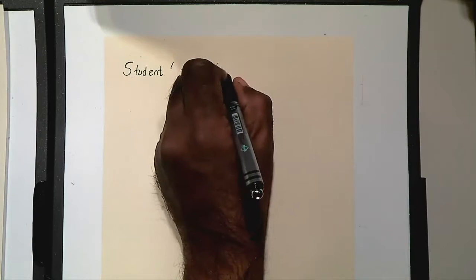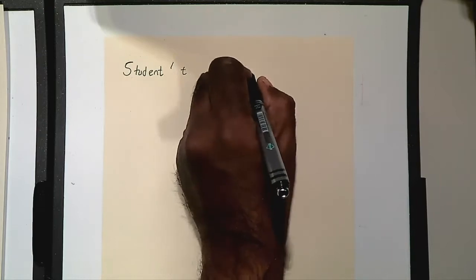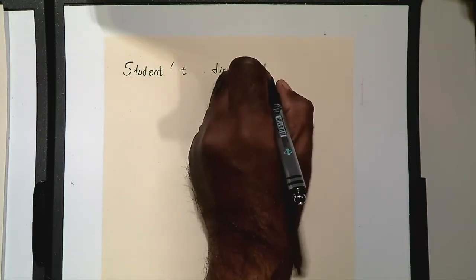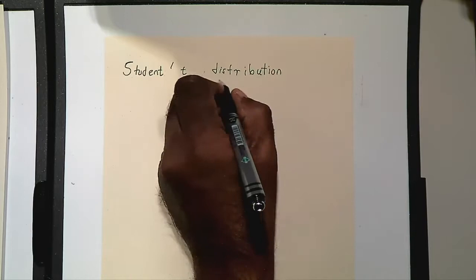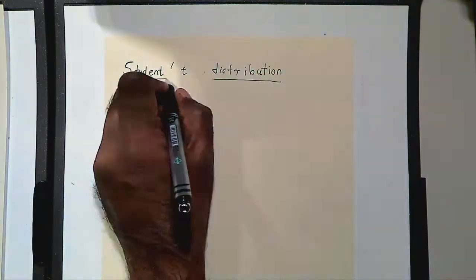So the next sampling distribution is known as the student's t distribution.